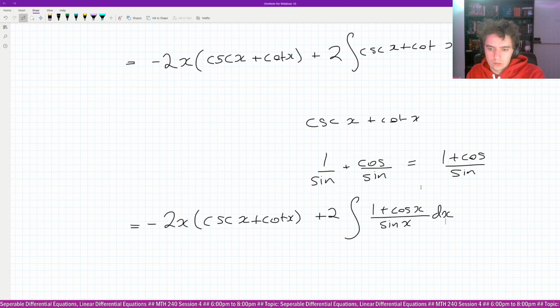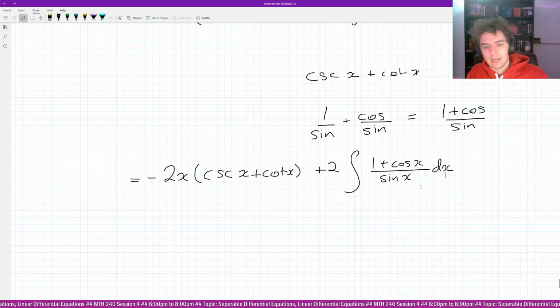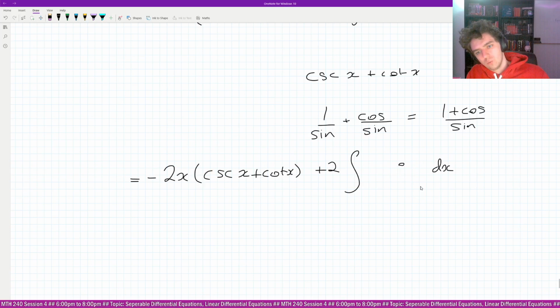Because we have the integral of cosecant and the integral of cotangent. Yeah, we can separate this. So this is going to be the integral of 1 over sine, so it's going to be cosecant x plus cos over sine, cos x over sine x.